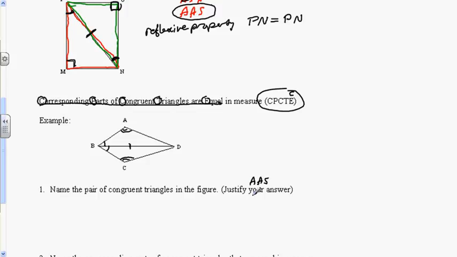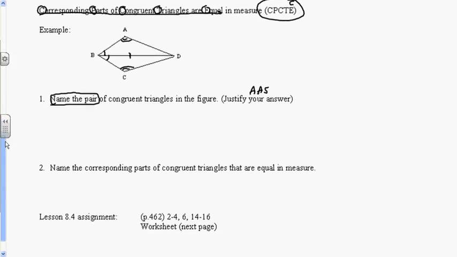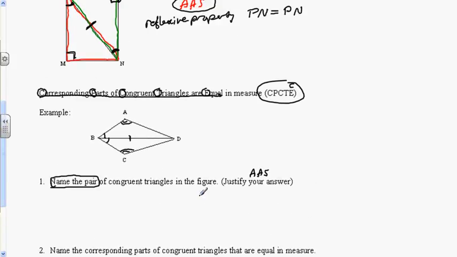That's your justification. But the exercise is to have you name the pair of congruent triangles, because how you describe them is very important. And I'm going to end this part at this point, and I will finish the next couple questions on part B.